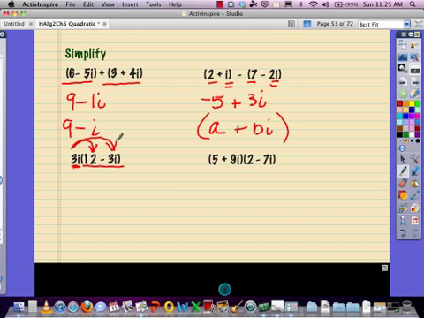So ready? 3i times 12i. The number times the number, 36i, just like variables in the past. And then 3i times a negative 3i would be negative 9i squared. You don't want to leave that because you should be seeing that you have some simplifying to do. Right here, the key is you have an i squared, and we have an easier form for i squared.